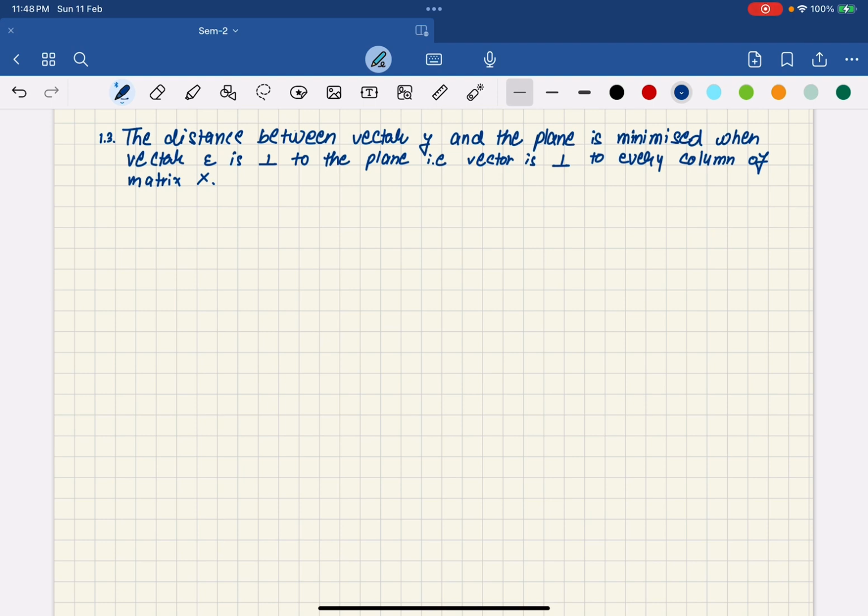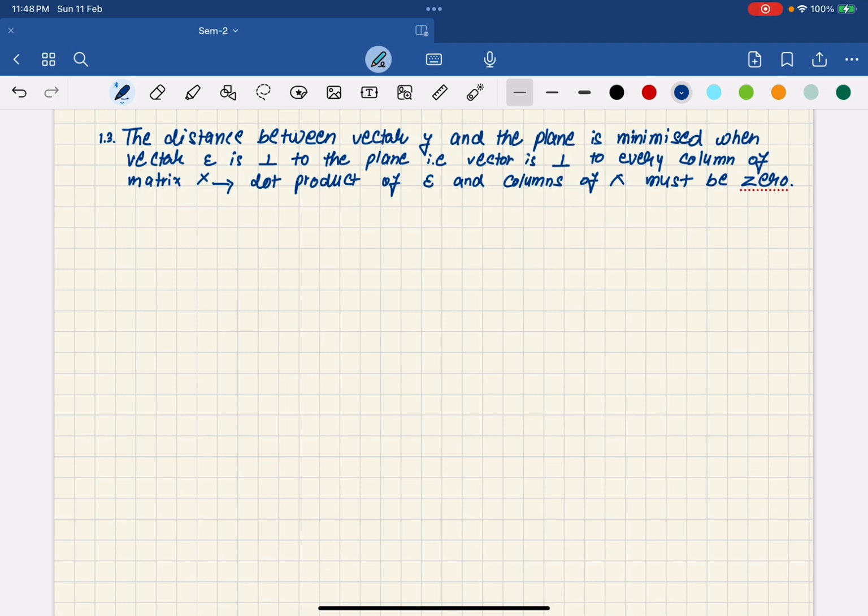Okay, in mathematical notation, what does this mean? It means the dot product of the error vector and the columns of X must be 0. This is the property of the dot product.